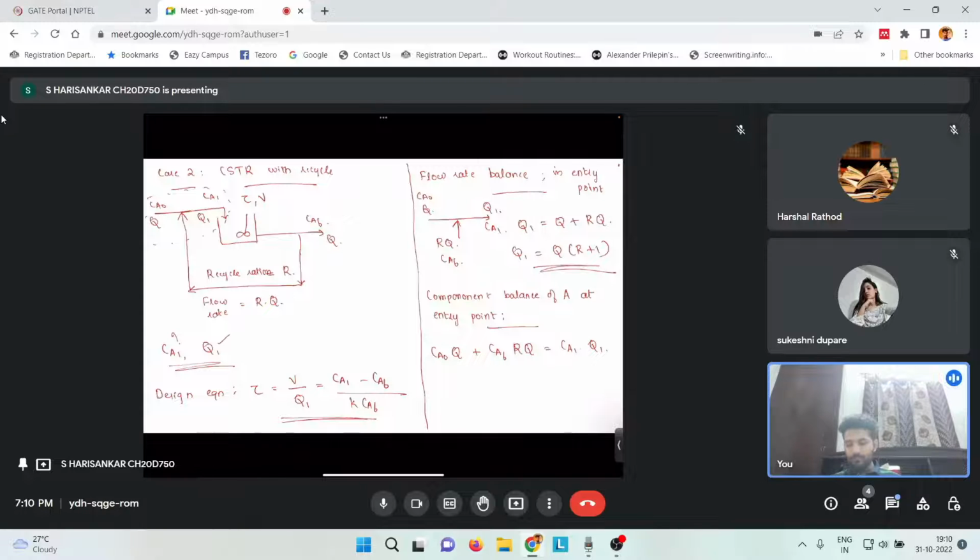So if we rearrange this a bit, we can write CA0 Q plus CAF RQ will be equal to CA1, and we just found out the value for Q1. Q1 is Q into R plus 1. So just substitute it there. It will be Q into R plus 1. So from this equation, this Q will get cancelled from all these terms, and finally it will become CA0 plus CAF into R is equal to CA1 into R plus 1.